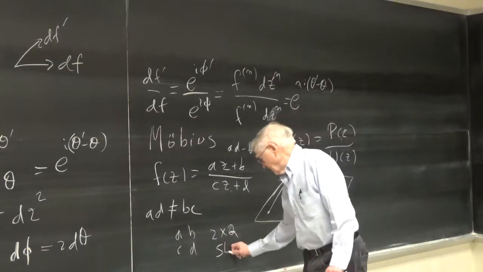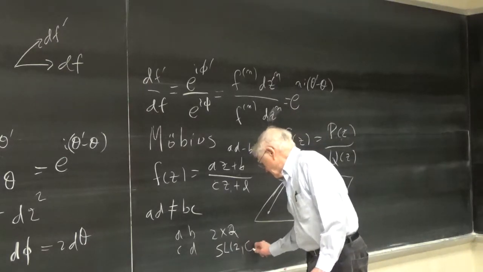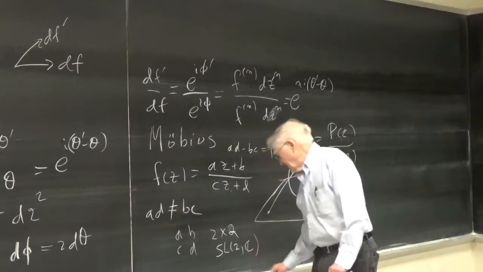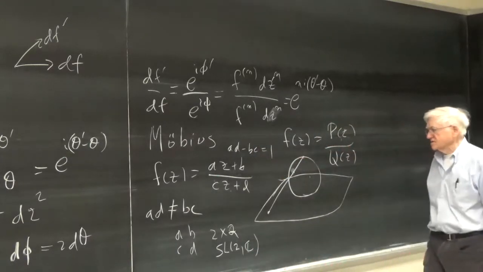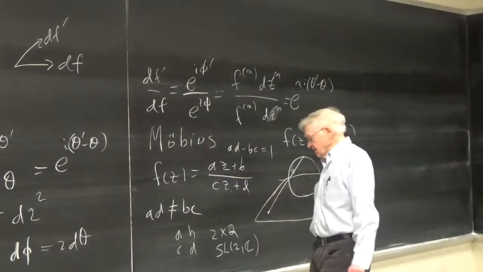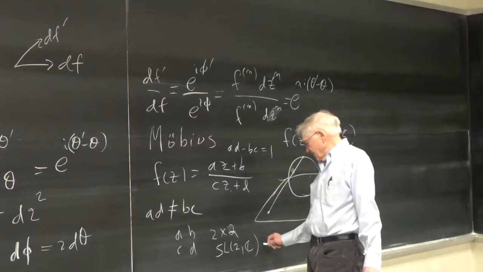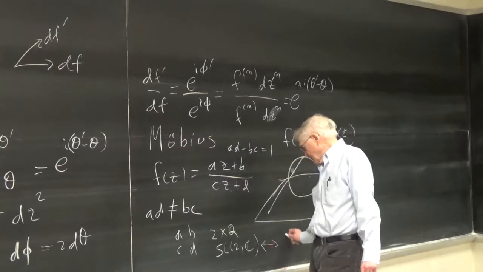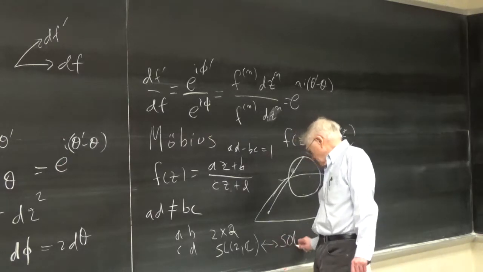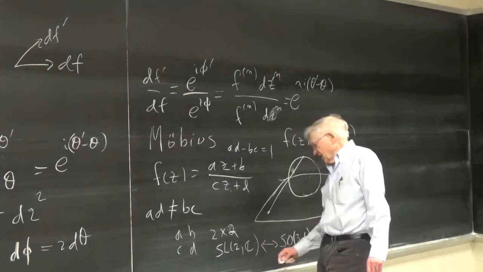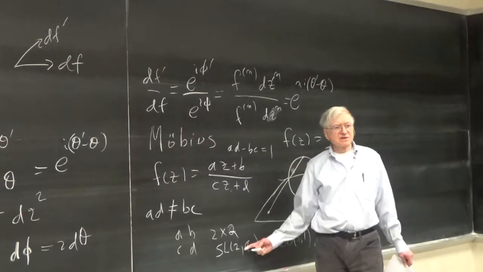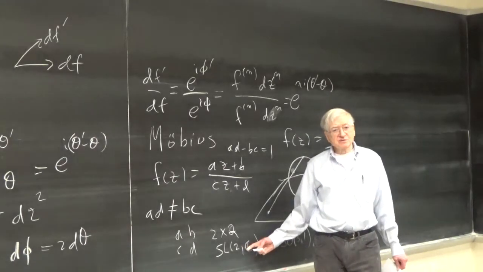And once you do that, what you have is what's called the special linear group, SL2C, on the complex numbers. A, B, C, and D are in general complex. And this is isomorphic to SO31. And in fact, this is the group that acts on the two spinors.